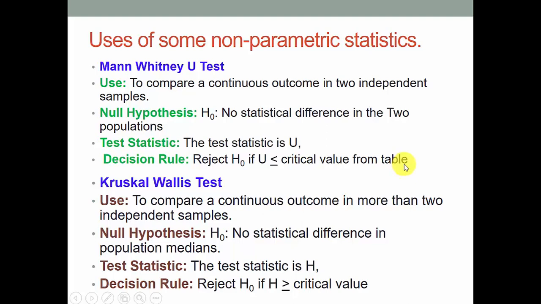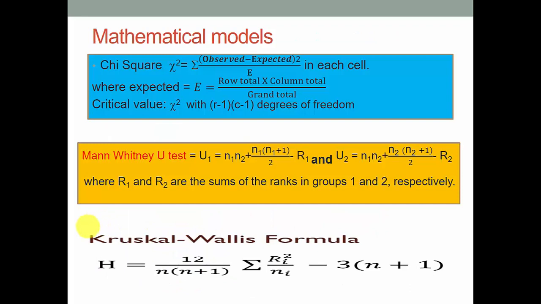But thank God we have a package that has been able to help us calculate all this without checking the table. Also, on the Kruskal, we used to compare chi-square from Kruskal-Wallis.